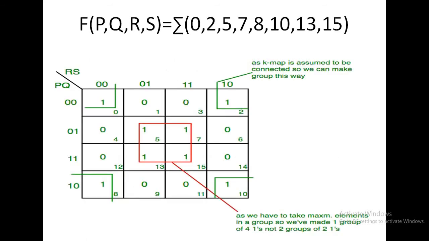Next, here it is a 4 variable K-map. How is it a 4 variable K-map? Now P, Q, R, S, 4 variables are there. So this is called a 4 variable K-map.